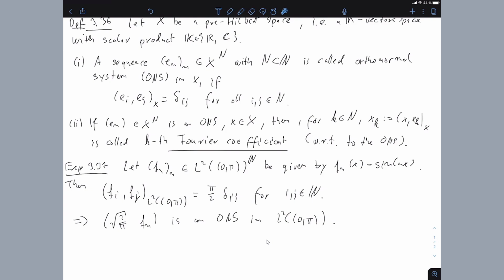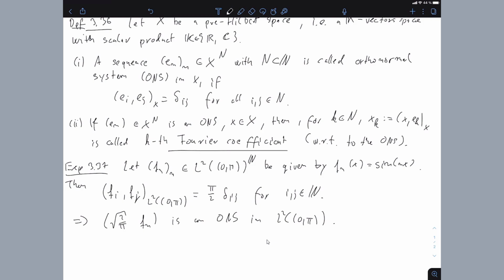What I hinted at last time already is, even though we now know that these sine(nx) are orthogonal to each other, we don't know if they are sufficient to represent everything as a sum or a series of these sine(nx).